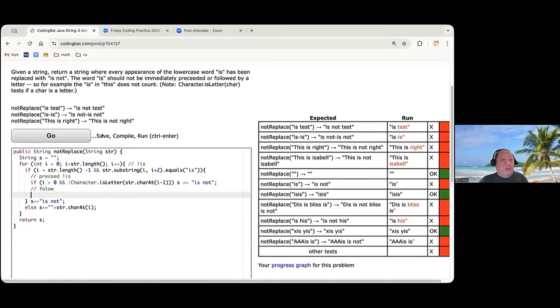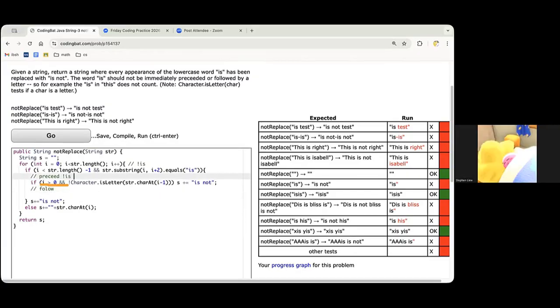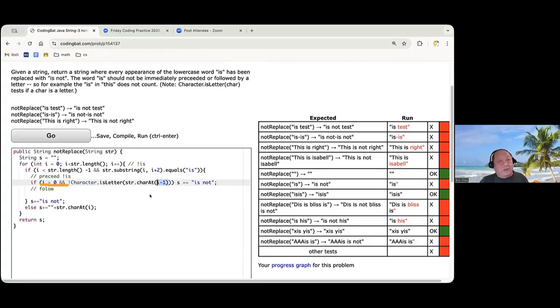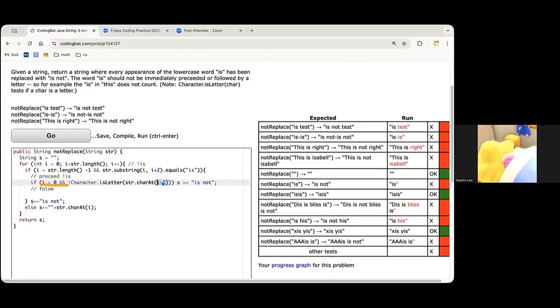I still don't get it. Why here is I greater than 1 and greater than 0? Because if you check when I equals 0, if you do I minus 1, wouldn't that be index out of bounds?